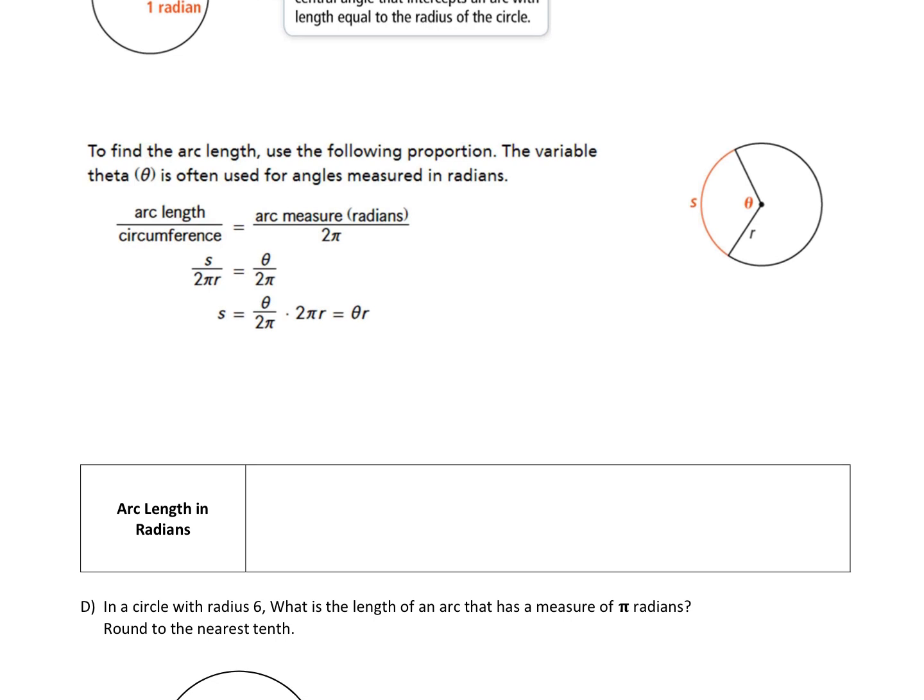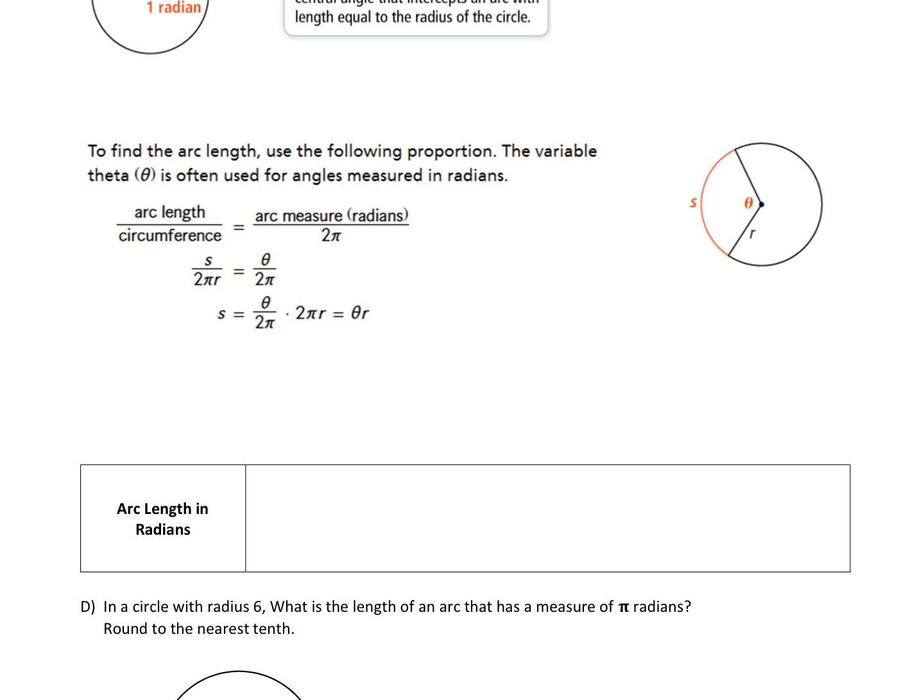So we're still going to follow our same formula. We've got arc length, which is a fraction of the circumference, will be equal to the arc measure, but instead of in degrees, now we're in radians. And before we were dividing by 360, now we're going to divide by 2 pi, because if you're in radian measure, we're just changing the unit of measure. One full circle is equal to 2 pi.